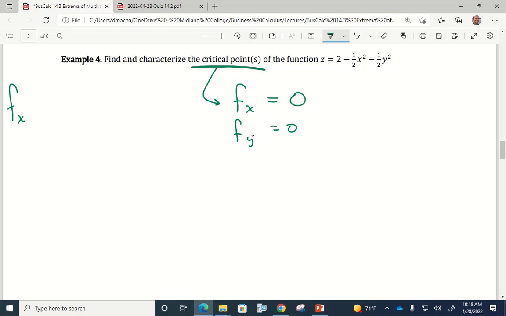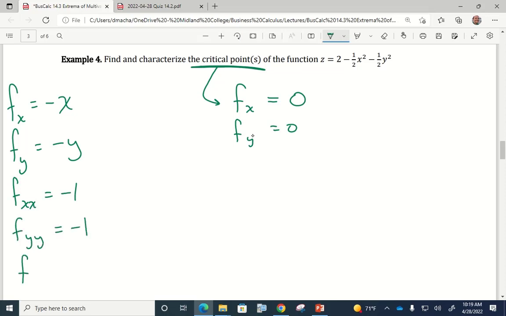And those first derivatives are going to be negative x, and the first derivative with respect to y is going to be negative y. My second derivative with respect to x should be negative 1. My second derivative with respect to y should be negative 1. And then my mixed partial, like before, should be 0.